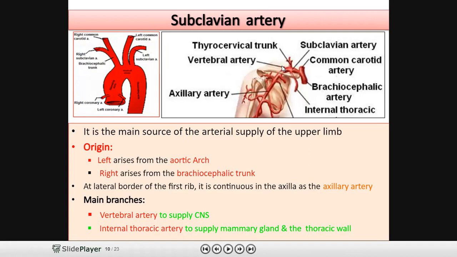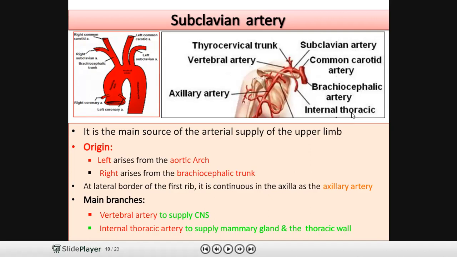So this vertebral artery will become the basilar artery later and then form part of the circle of Willis. So the main branches of the subclavian artery include the vertebral artery, which goes to supply the central nervous system, and the internal thoracic artery that supplies the mammary gland and the thoracic wall. You see this branch coming down here; it is called the internal thoracic artery.